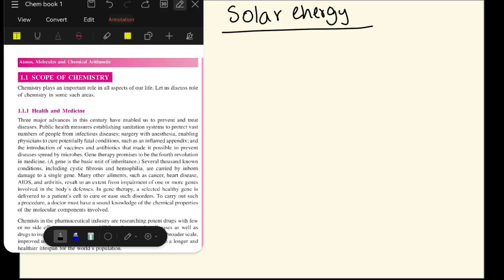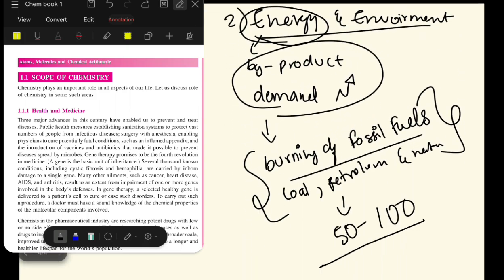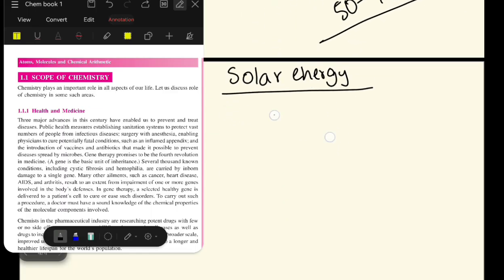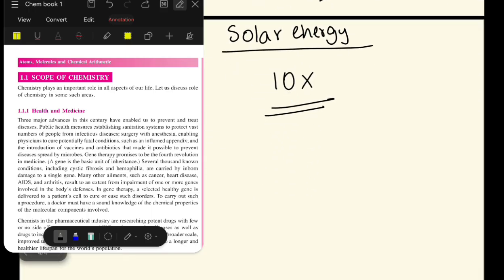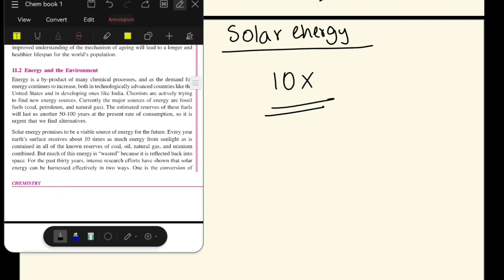Every year the Earth's surface receives 10 times as much energy as is contained in all known fossil fuel reserves. The Earth receives 10 times the energy from the fossil fuels.